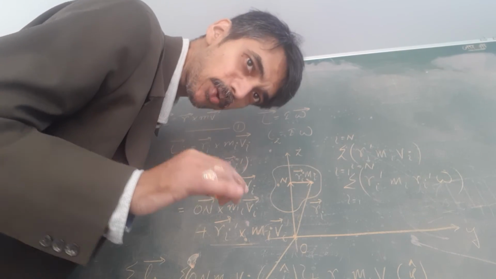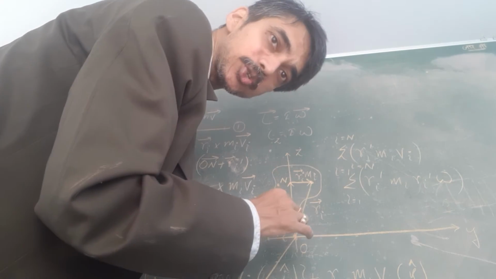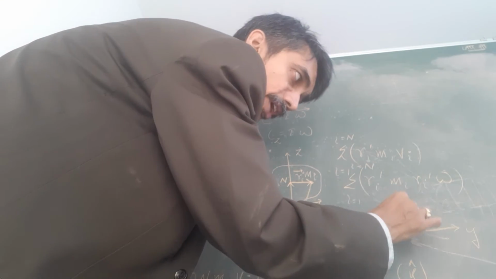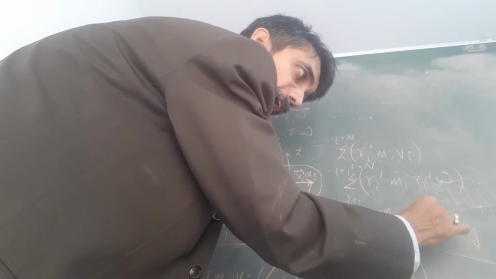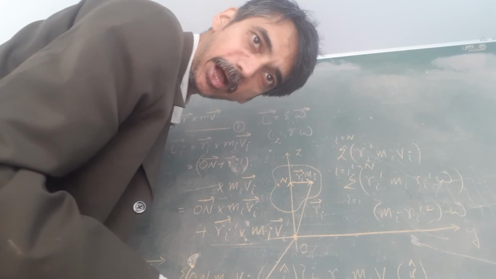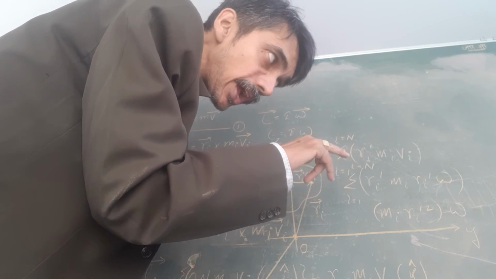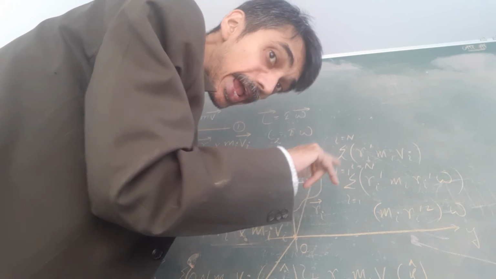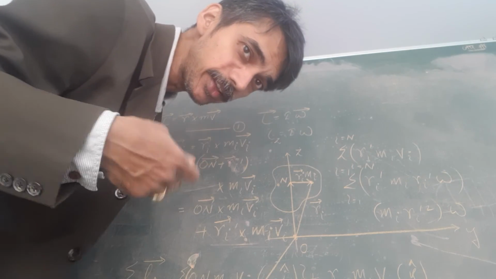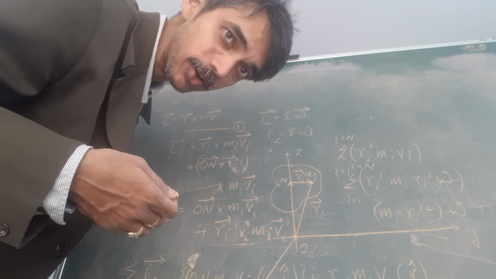If you meticulously note what we are eventuating this equation to, we get Mi Ri prime whole square into omega, right? Ri prime square, Mi.